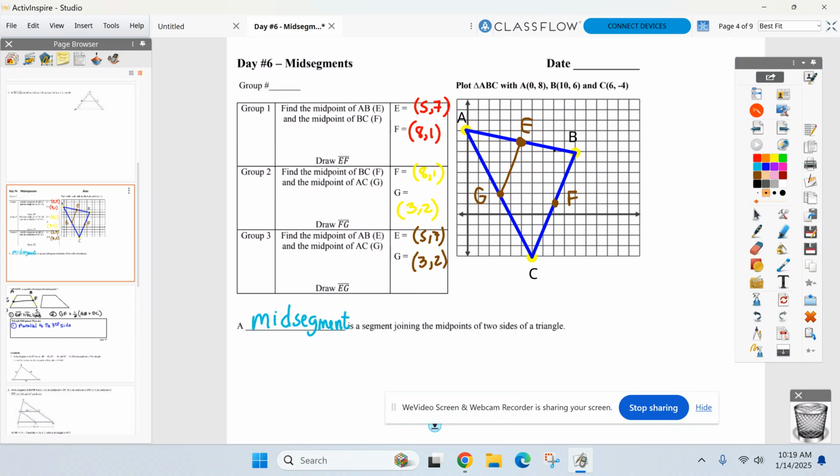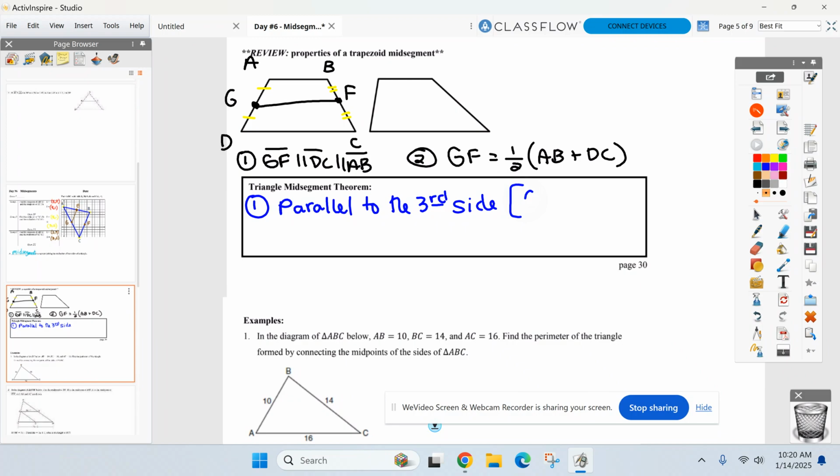GE connects AC and AB. So when I refer to the third side, it's the side it's not connected to. So GF would be parallel to CB. If you want to make a little note right there, GF parallel to CB.